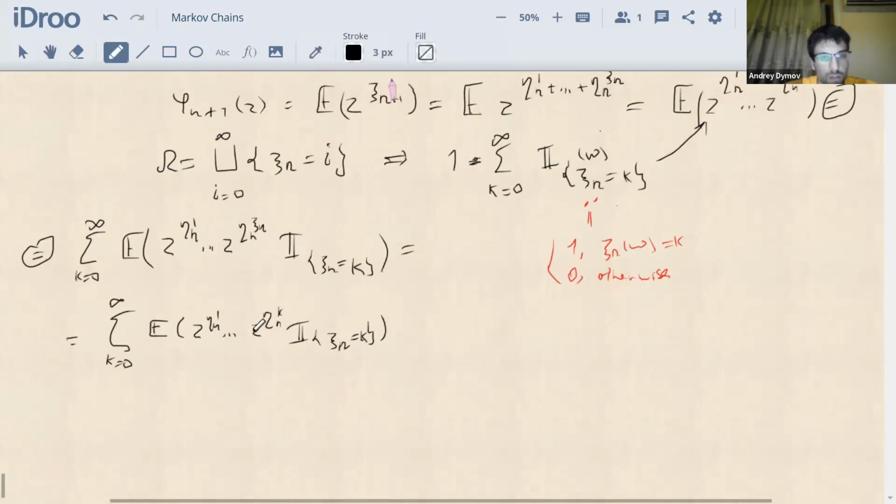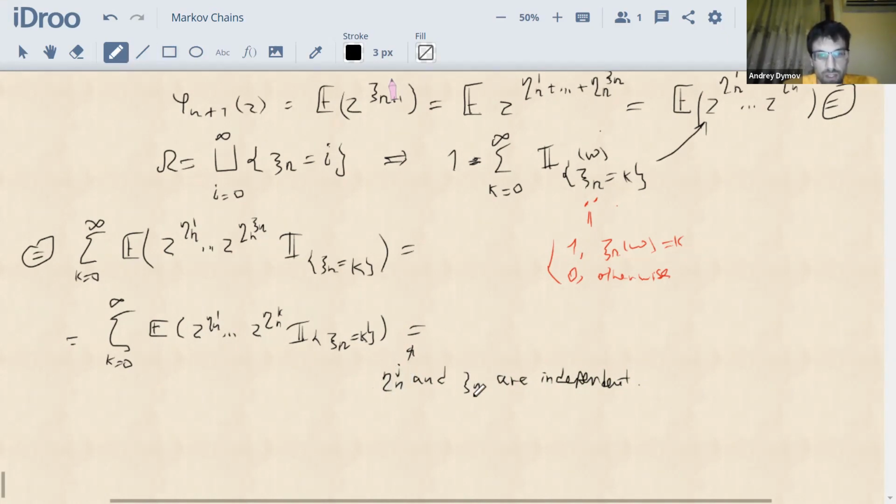Then look, eta nj and psi n are independent, because I recall that you obtain psi n from eta n minus 1.